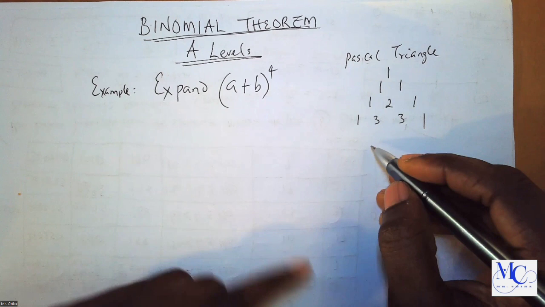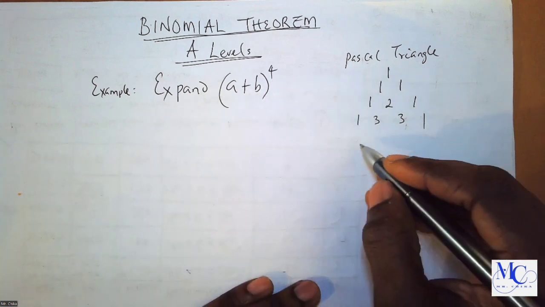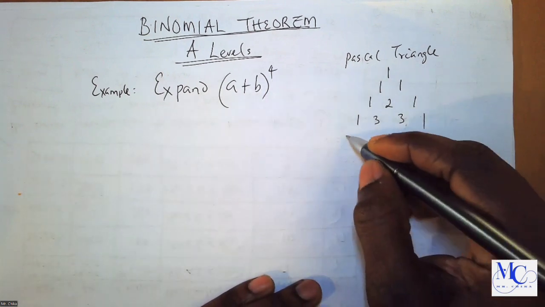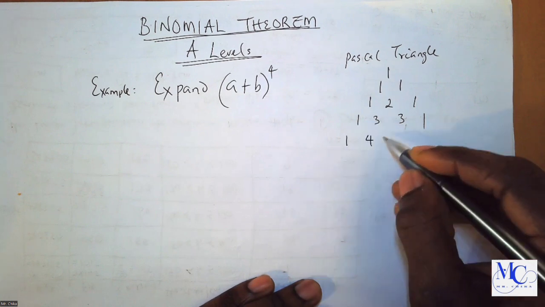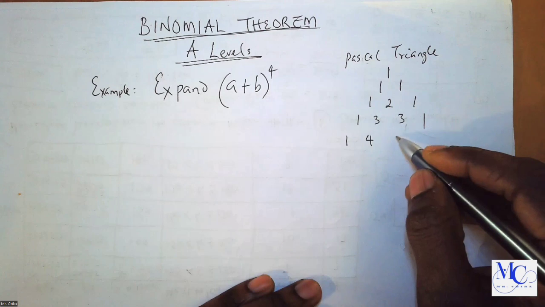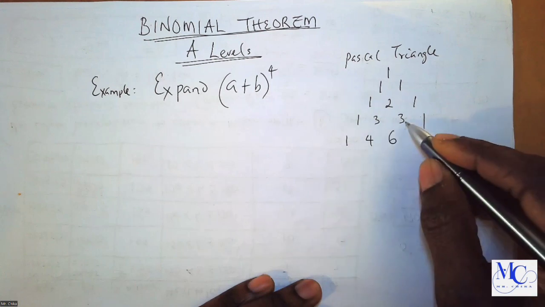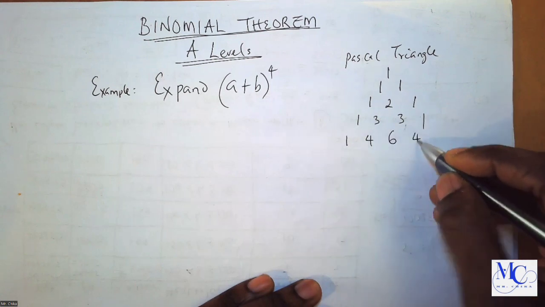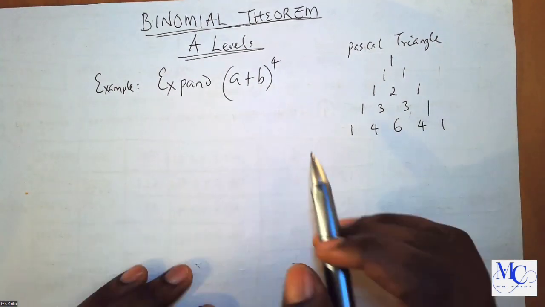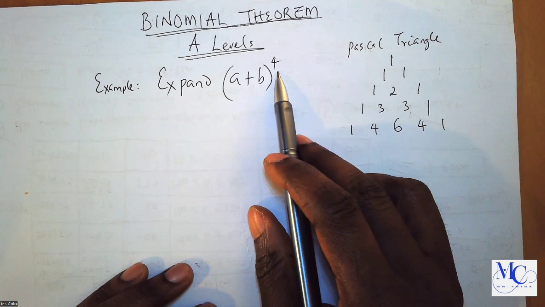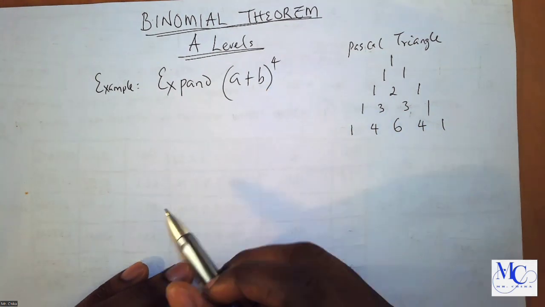It's to the power of 4, so we want to get up to the fourth row: 1, then 4, 6, 4, and then 1. So when I have a power like 4, I can use the Pascal triangle.